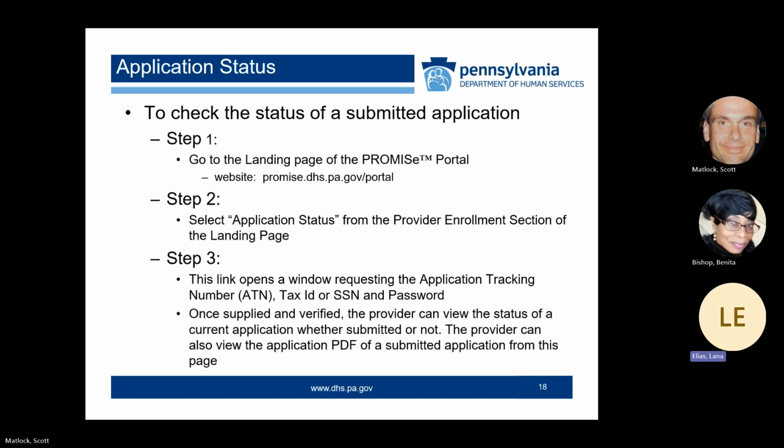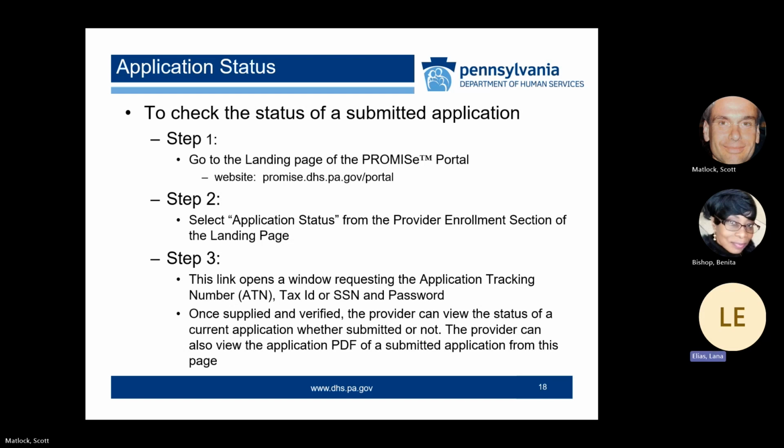To check the status of a submitted application, go to the landing page of the Promise portal. The website address is listed there on the screen. Select Application Status from the Provider Enrollment section of the landing page. This link opens a window requesting the application tracking number, the tax ID or social security number of the application, and the password.